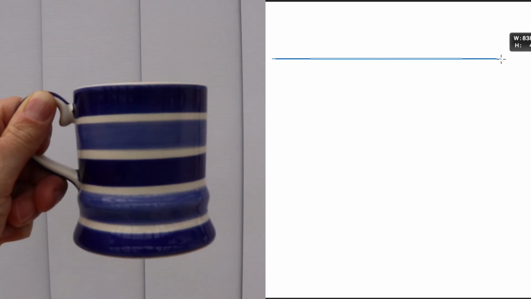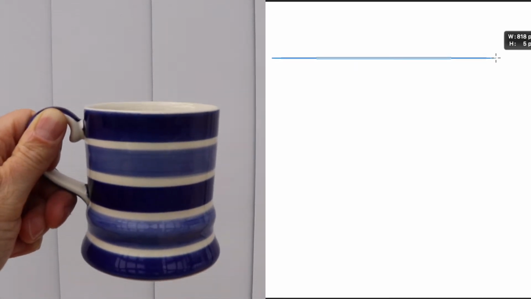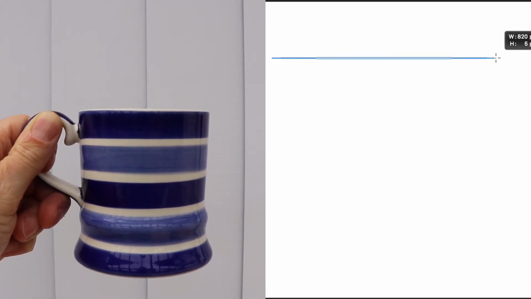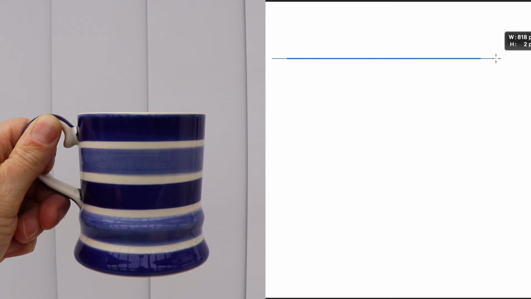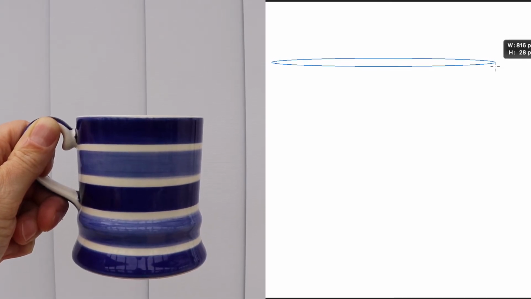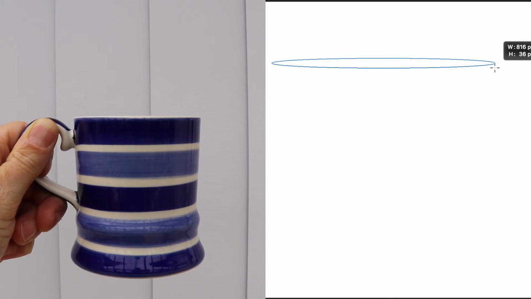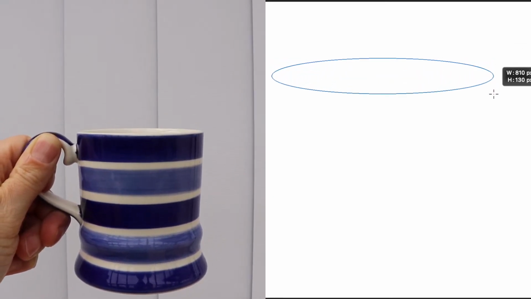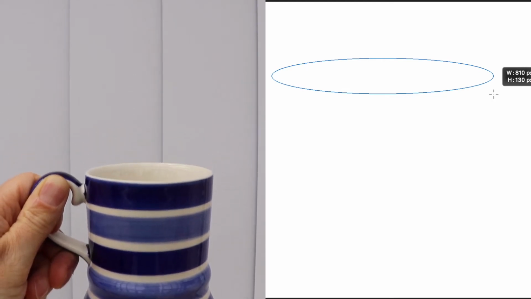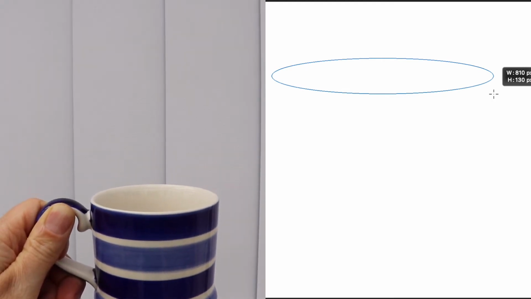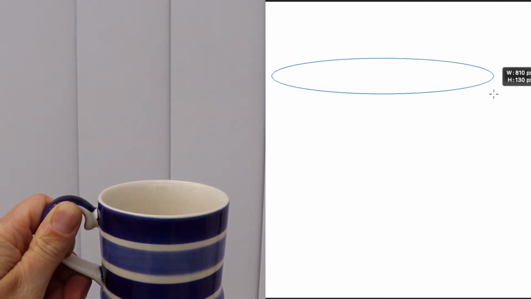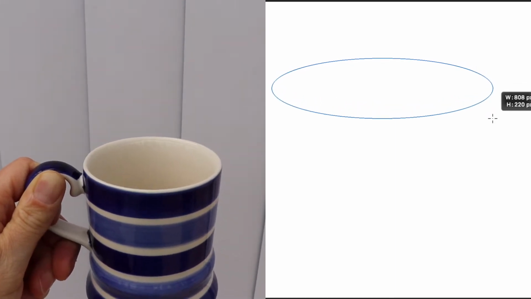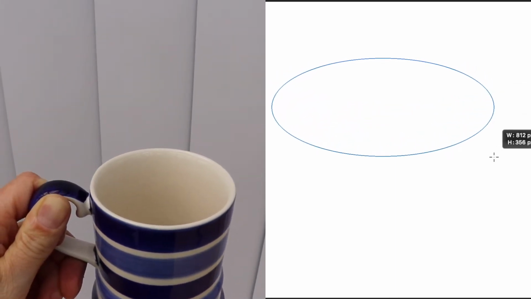Okay, so if you're looking at the top of a cylindrical object and it's at eye level with you, it just looks like a straight line. If you slightly raise your eyes above it, you start to see a very narrow ellipse. As you raise your eyes further above it, the ellipse becomes larger. Now, the major axis line across the middle will not get any shorter or longer. It remains the same. But as you raise your head, imagine this is a cup.